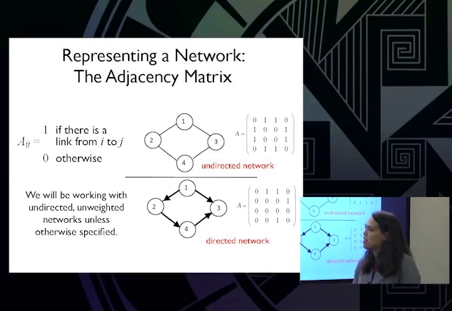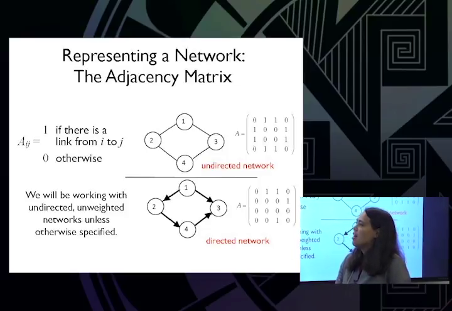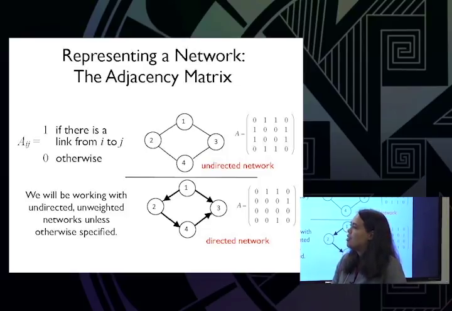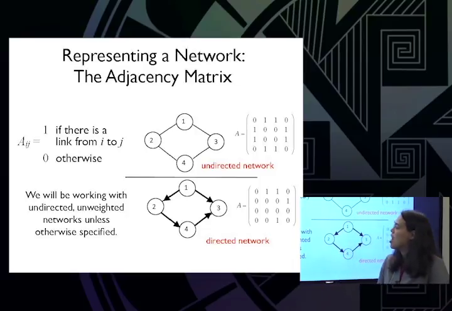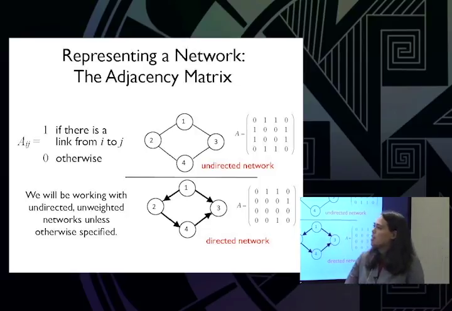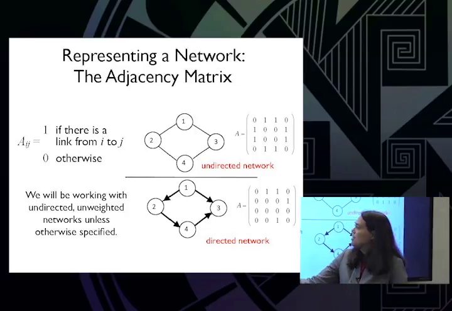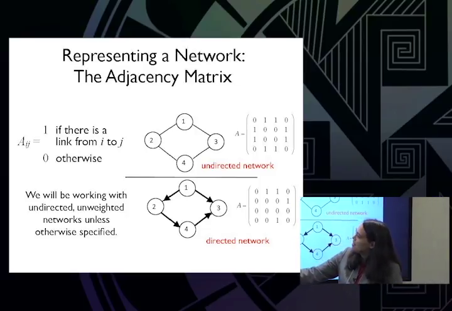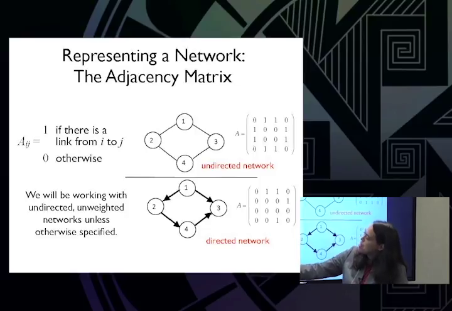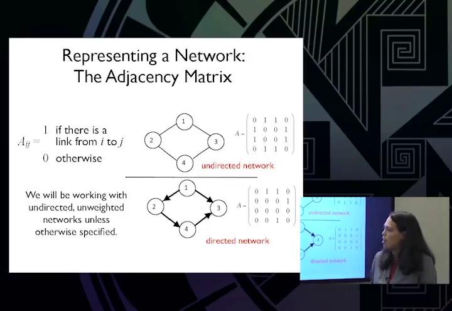It's just a matrix where the element A sub ij, the connection between node i and node j, is going to be 1 if there's a link from i to j and 0 otherwise. Here's this tiny little network, which is undirected, which means that A_ij equals A_ji. So it's symmetric. If I go down this diagonal here, I have a mirror image of the upper triangular part with the lower triangular part.